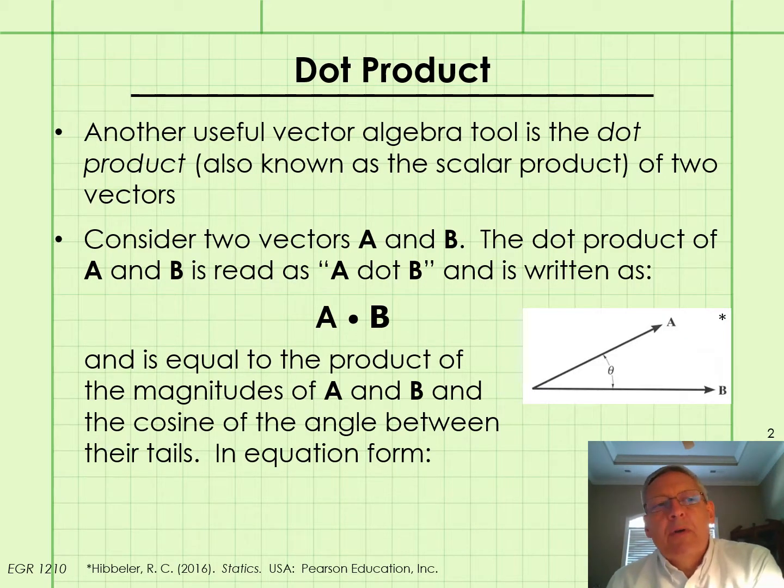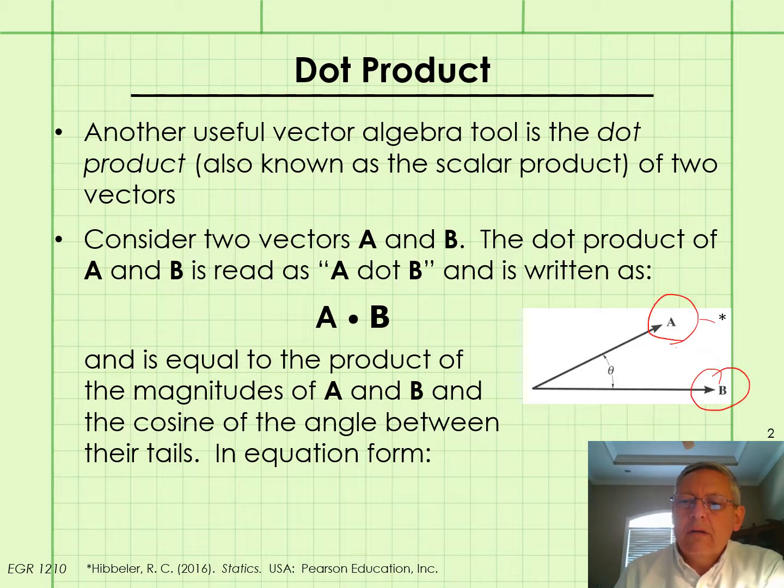Along with the cross product, another useful vector algebra tool is the dot product of two vectors. We also call this the scalar product because the result is going to be a scalar. So let's consider two vectors, A and B, with an angle theta between them.